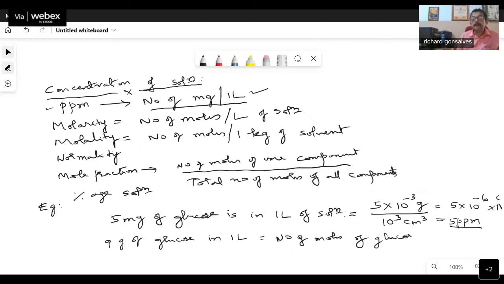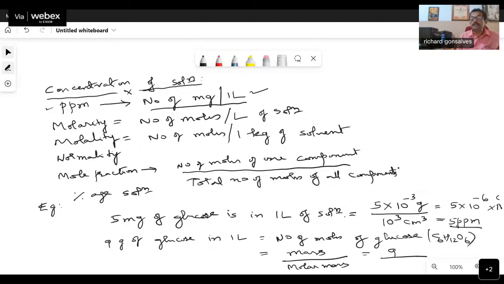Can you tell me? How do you find number of moles? Mass divided by molar mass. This is the formula. Mass is how much? 9 grams. What is the molar mass of glucose? Please remember, glucose is written as C6H12O6.